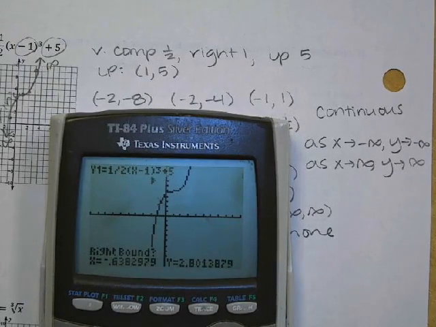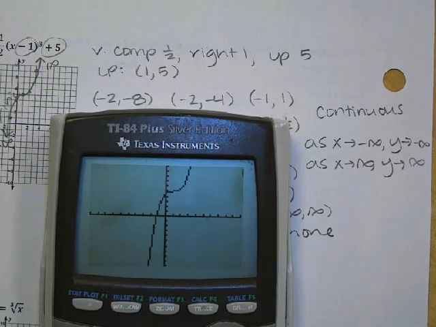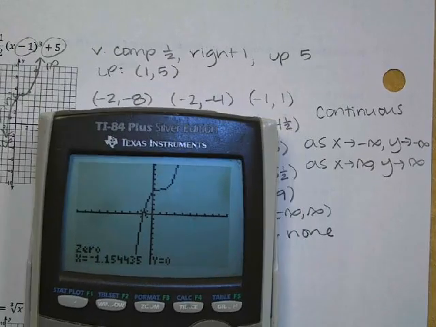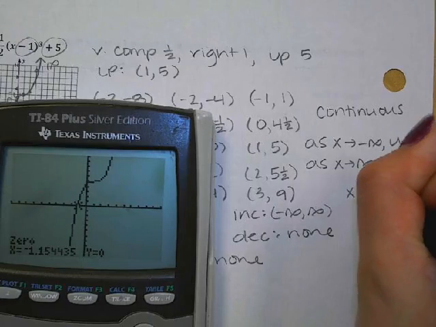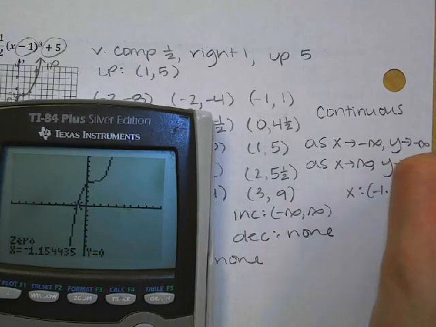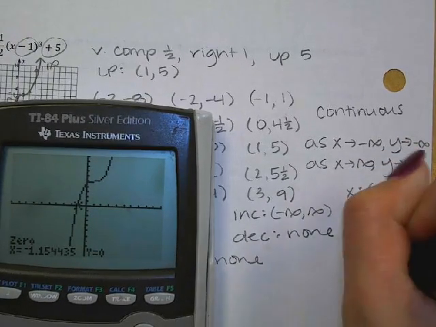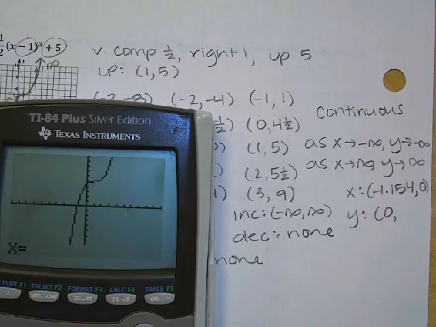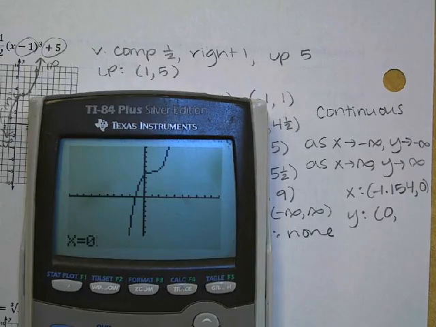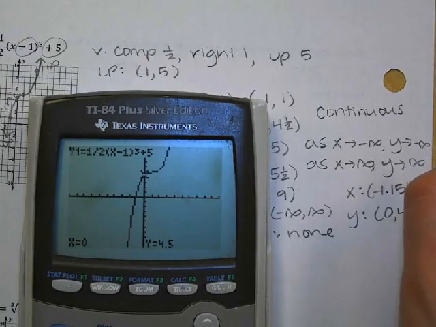And then I'll go find the right bound. So my x-intercept is -1.154. And then the y-intercept is 4.5.